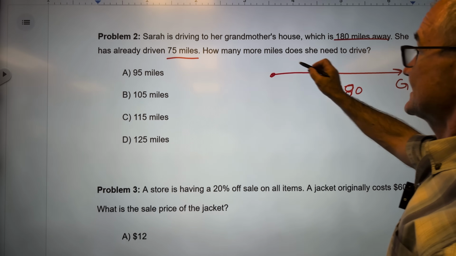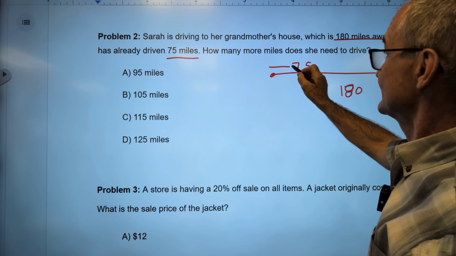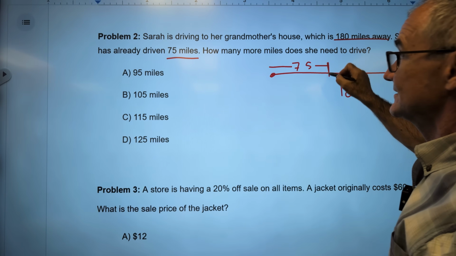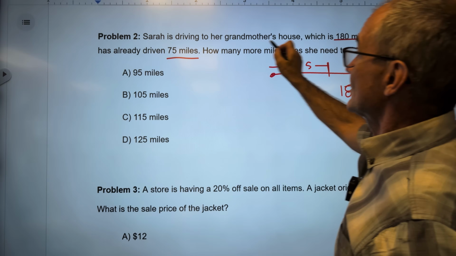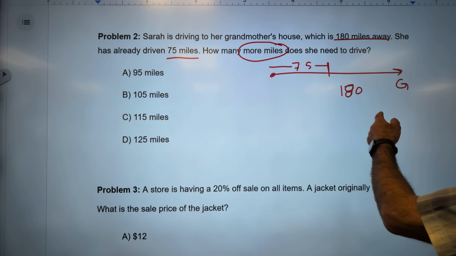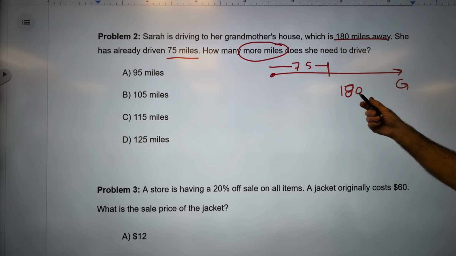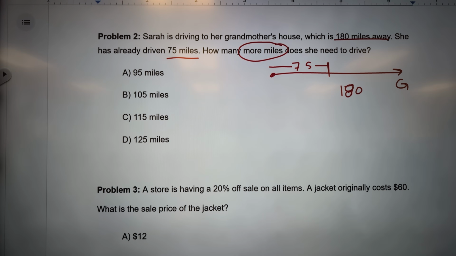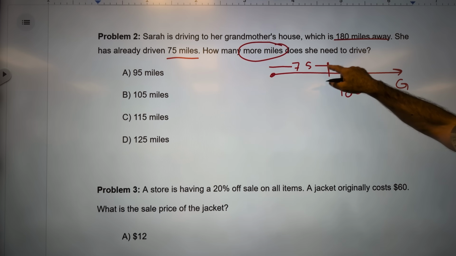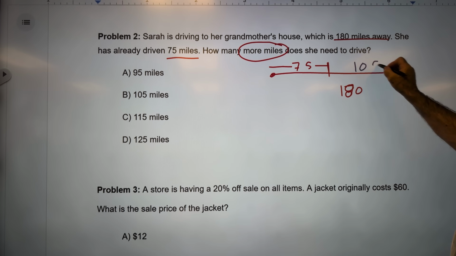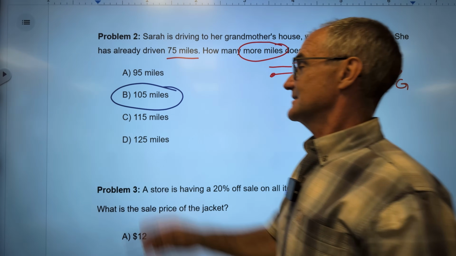She has driven 75 miles, so she's driven 75 to get here. How many more miles does she need to drive? I can see it's the difference between this and this. I'm going to do 180 minus 75 to see she has 105 more miles to drive. Correct answer, answer B.